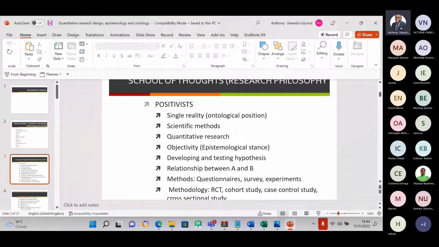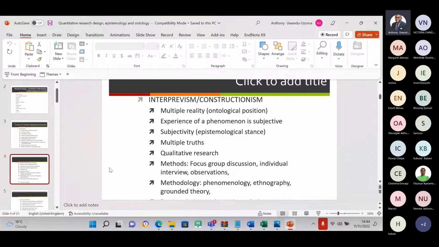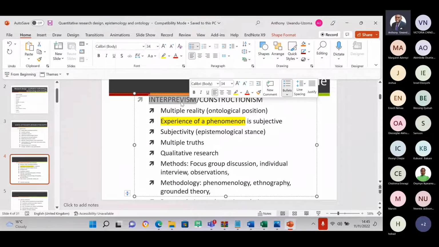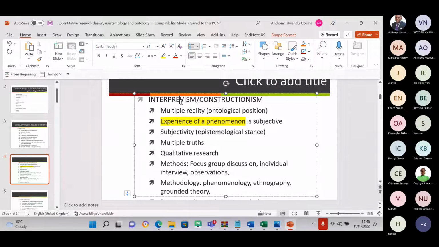Now, I was saying that if you are studying how people experience a phenomenon, can you see that? Yes. So, which type of research philosophy are you? That means you are coming from the lens of interpretivism or constructionism.